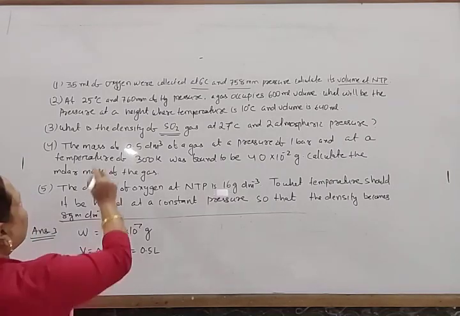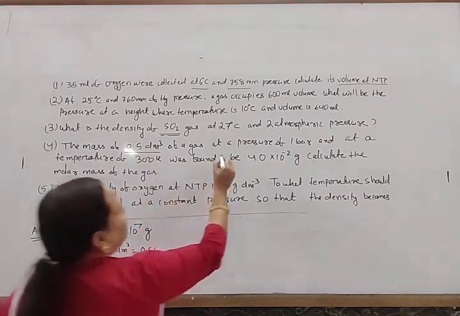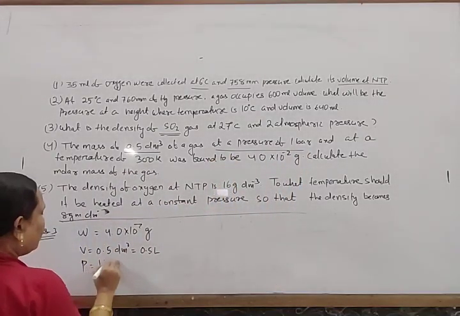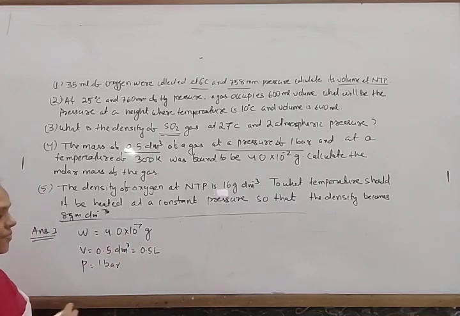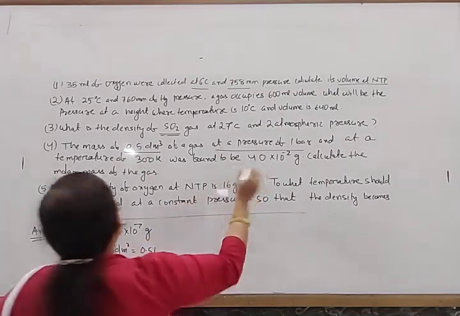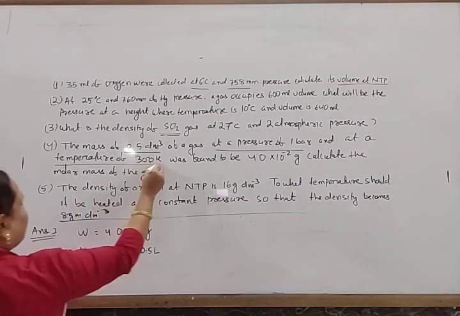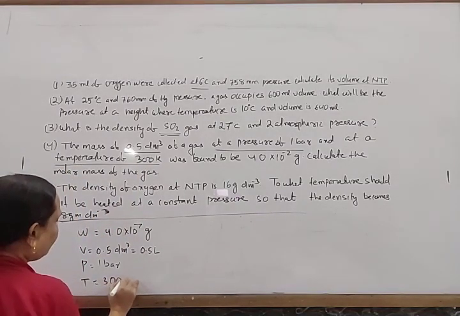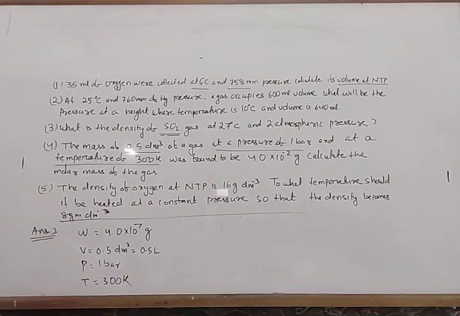At a pressure of 1 bar, P is given 1 bar, that is 0.987 atmosphere. Temperature is given, T is equal to 300 Kelvin.